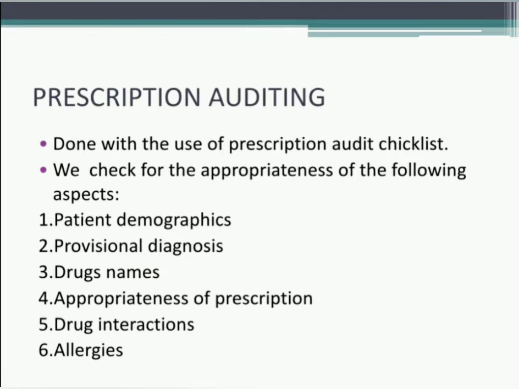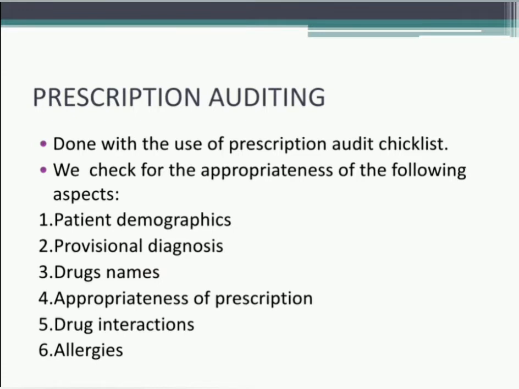Then we check the provisional diagnosis. We check whether the drug names are legible and written in capital letters, because if they are not legible, there might be errors in the administration of the drug, and it is problematic in the dispensing part as well.